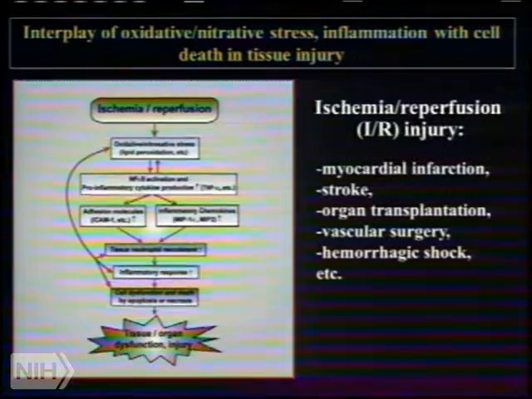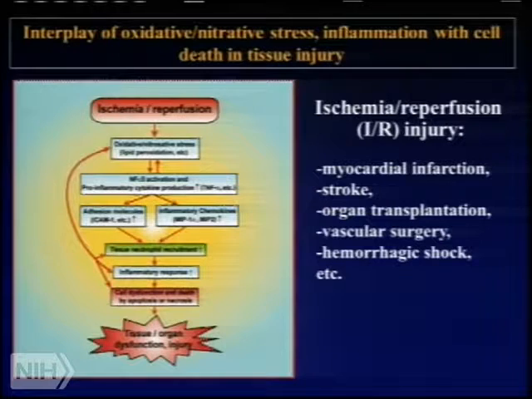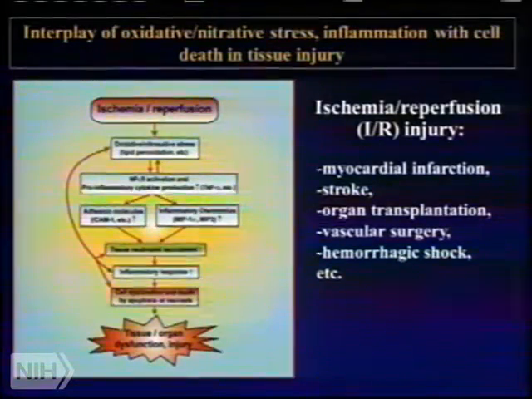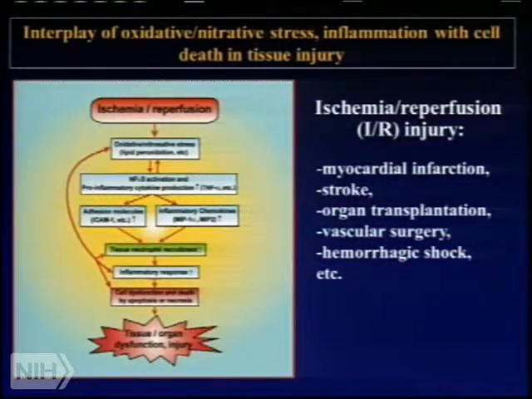Ischemic reperfusion injury is one of the predominant pathways of tissue injury during myocardial infarction, stroke, organ transplantation and vascular surgeries. So the ultimate treatment, when for example there is myocardial infarction or stroke and the vessel is occluded, is to eliminate this occlusion.